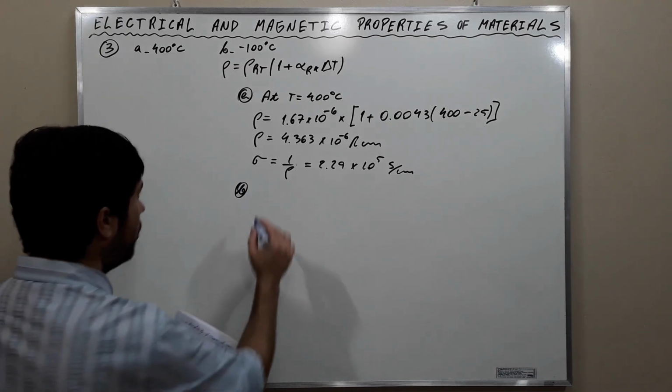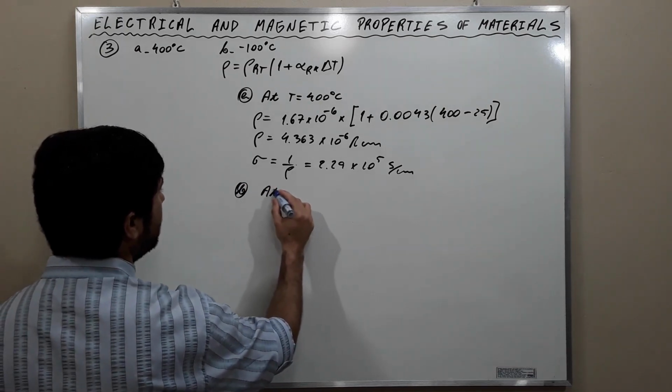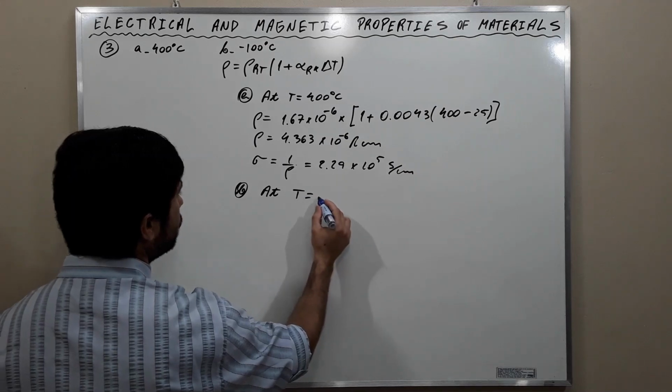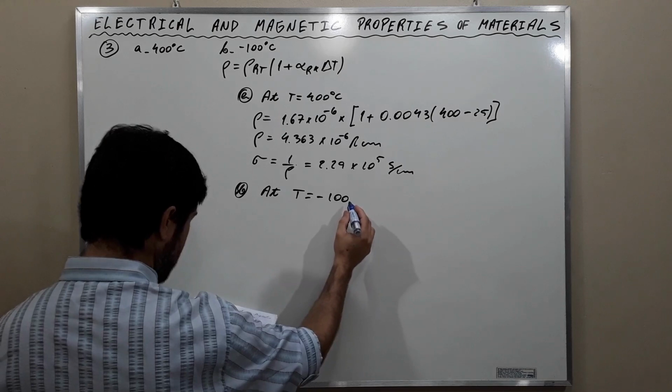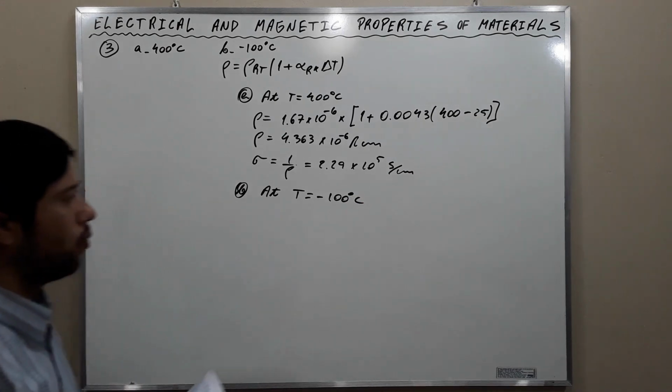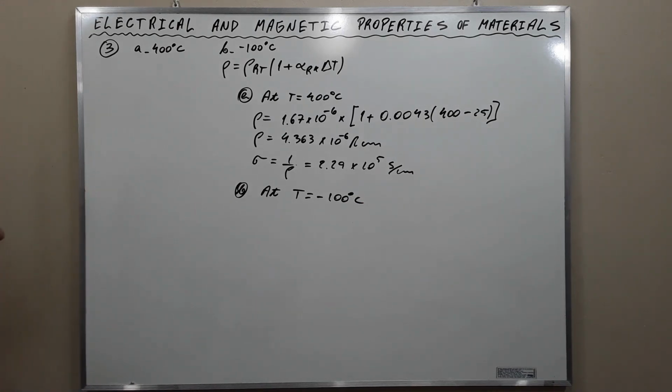For letter B, we want at T equal to negative 100 degrees Celsius. We do the same.